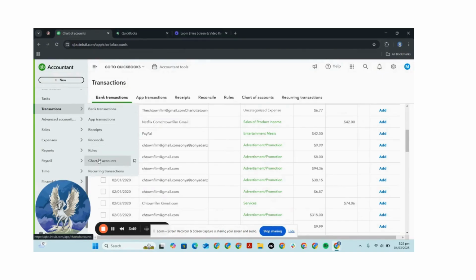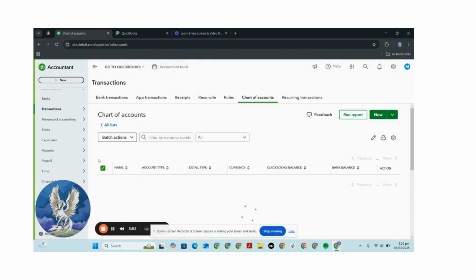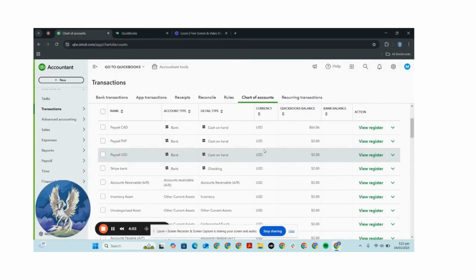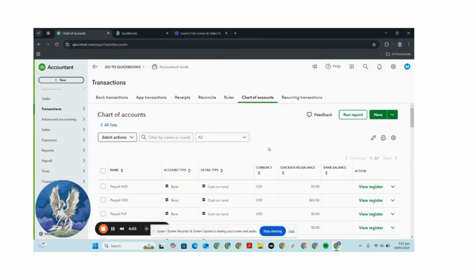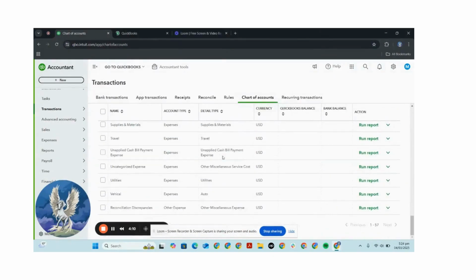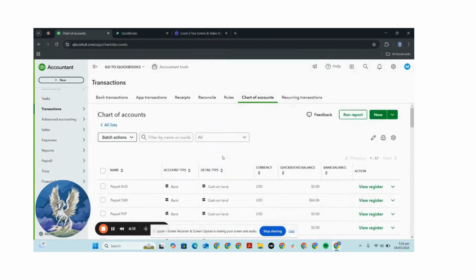So here is your chart of accounts where all of your banks, expenses, loans, incomes, everything is listed. And you can add your banks, your credit cards and everything in the chart of accounts, as you can see. Everything is in here.